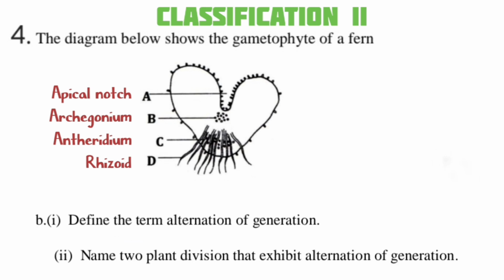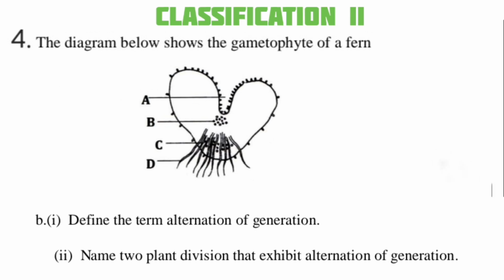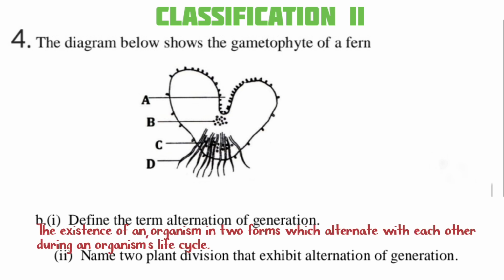Okay, we continue. Define the term alternation of generations. Now, we've talked about this, so I'll just give the definition. This is the existence of an organism in two forms. These two forms alternate with each other during the life cycle of an organism. Now, in plants, you're going to have the gamete-producing form.